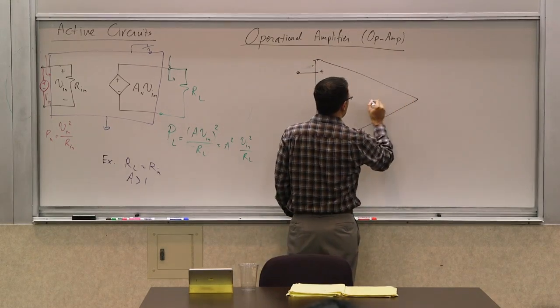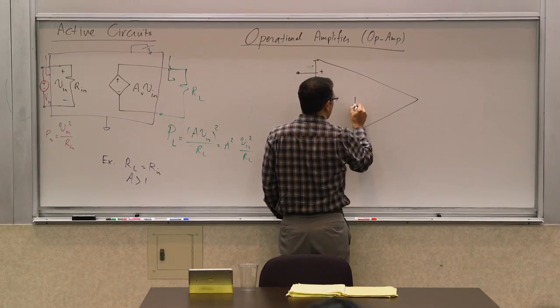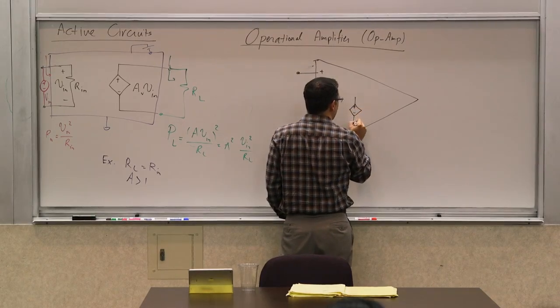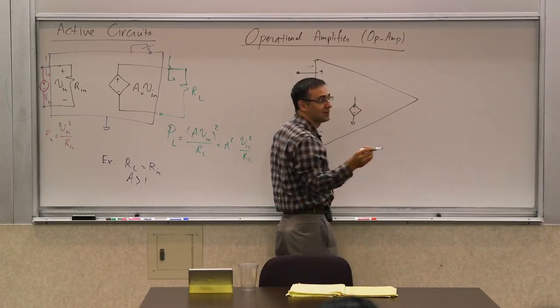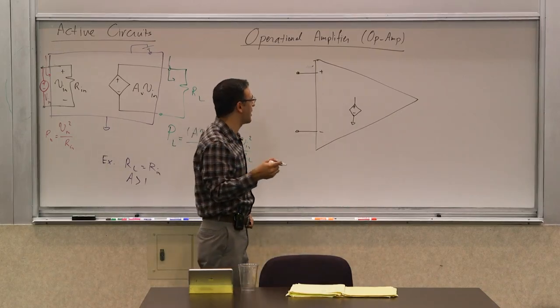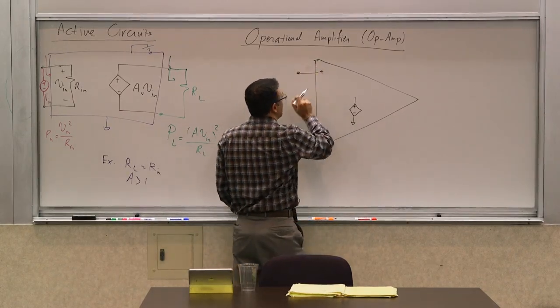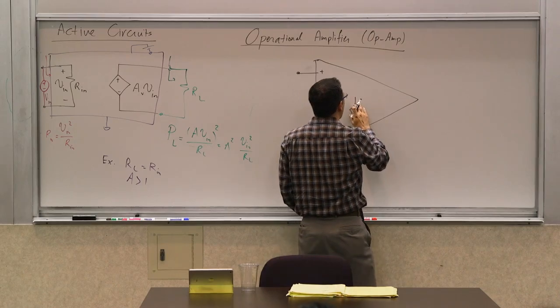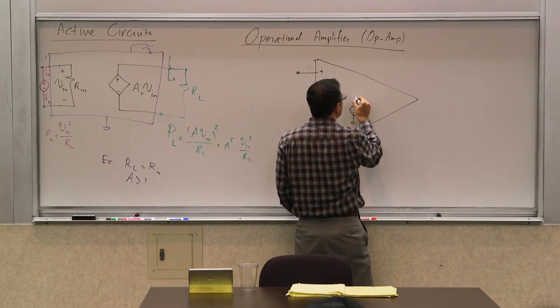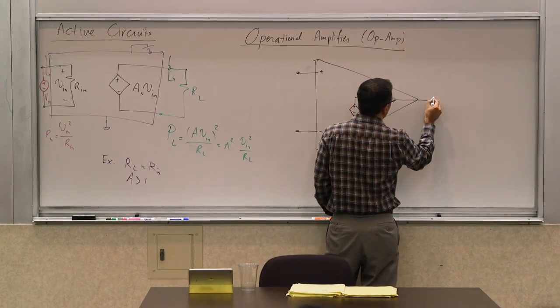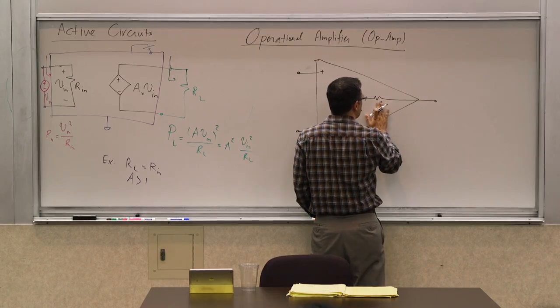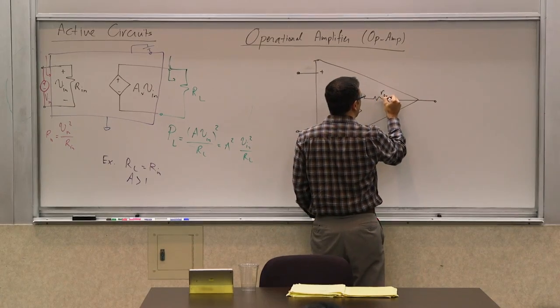How it's built inside is a completely different thing. That's one of the things that we'll cover in the later courses. We'll build these things and design them and see how it's actually made. It's a whole process. But the way it will look to us is that it looks like a voltage source, in general with some sort of source resistance, let's say R out.